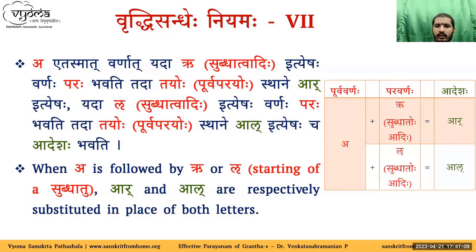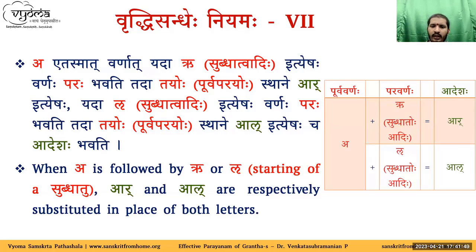How to express this in a sentence is given here. A iti etasmat varnat yada ṛ subdhatoh adima varnah esha varnah parah bhavati tada tayoh nama purvaparayoh sthane ār adeshah bhavati.